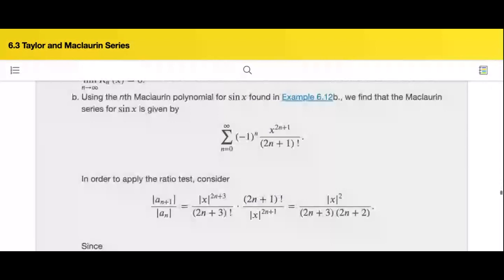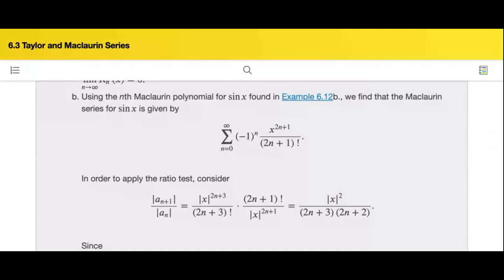This one is the Maclaurin series representation, right? Summation, n goes from 0 to infinity, (-1)^n x^(2n+1) divided by (2n+1) factorial. That's the nth term.